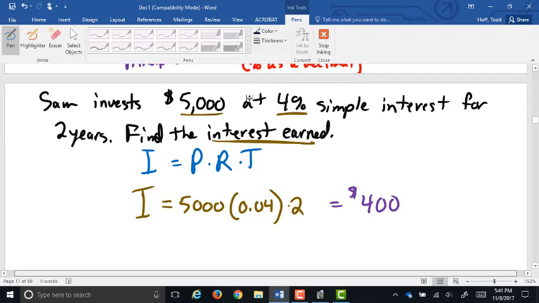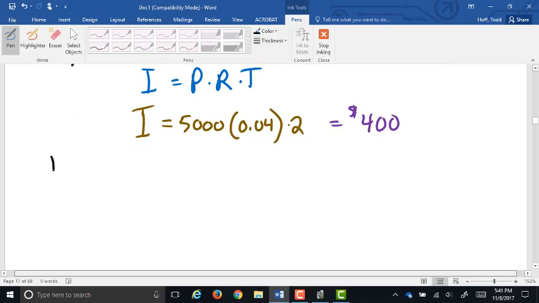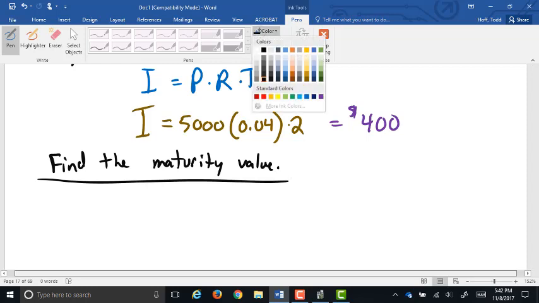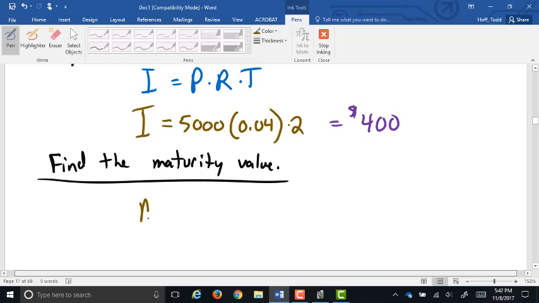Now on top of this, I want to introduce a concept: find the maturity value. The maturity value, if you look up at that timeline, is the amount at the end of the investment. Well, maturity value is equal to the principal plus the amount of interest earned.